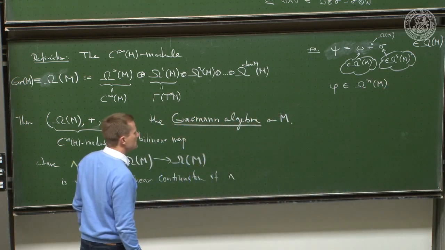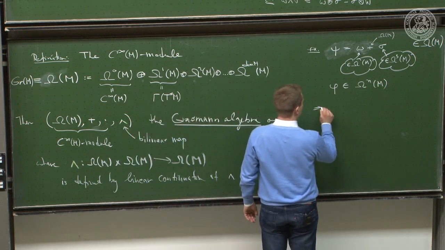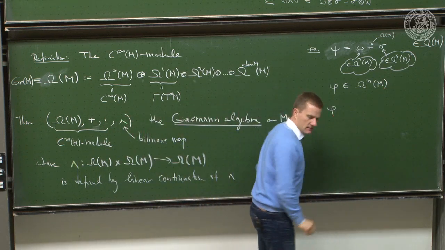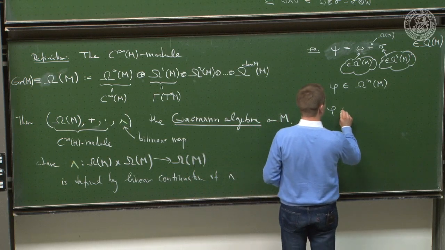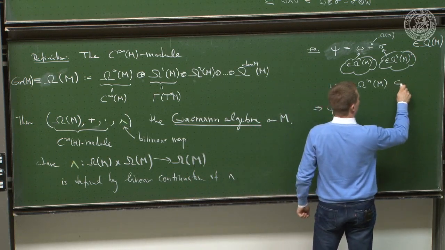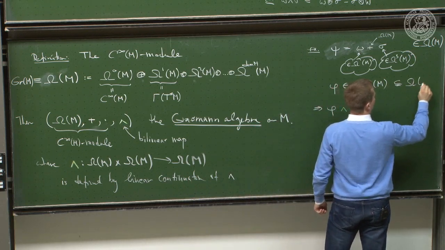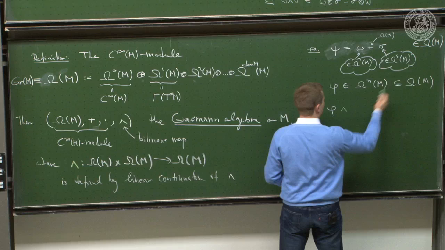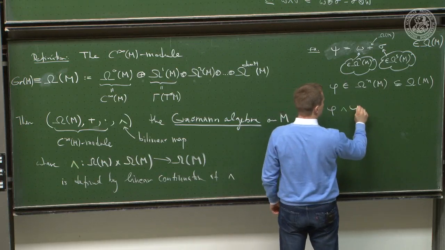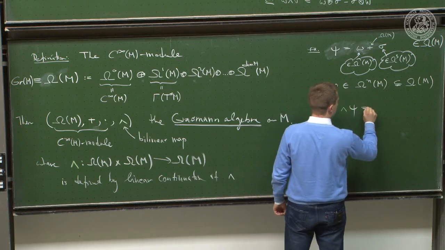n-form space. And then you have that phi, and now I need my green color, the wedge product between the two, because this is obviously a submodule of omega of M, so I can use this wedge that acts on omega of M to wedge these two together. Now the question is, what is this?